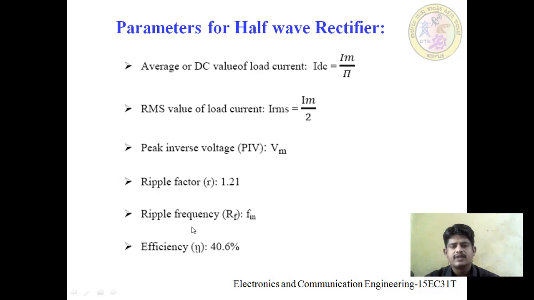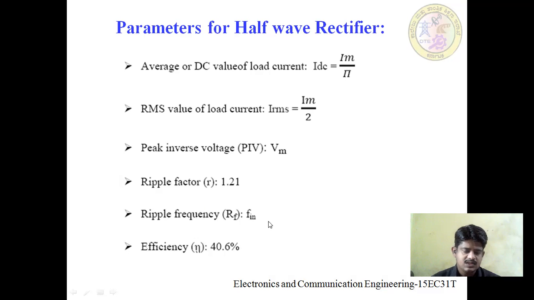The rectifier output has ripples, and we check the frequency of those ripples. This frequency equals the input frequency. If the input frequency is 60 hertz, the output of the half wave rectifier is also 60 hertz.